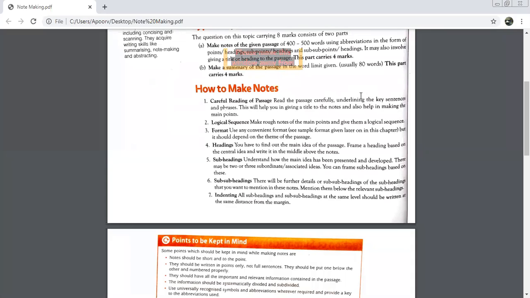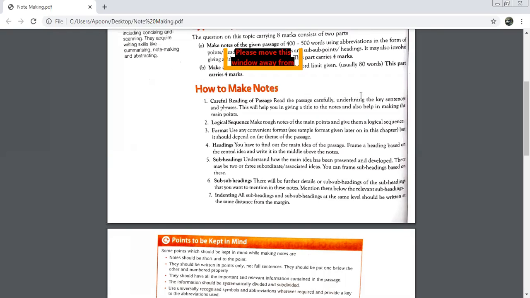Now, supposing there are 7 paragraphs. Out of all 7 paragraphs, out of every paragraph, you have got one central idea of the paragraph. Out of 7, if 5 are talking about the same thing, indicating the same thing, then that is the main idea of the passage. So ignore the other 2 and give the title according to the 5. I'm not saying that all 7 would be of the same tone.